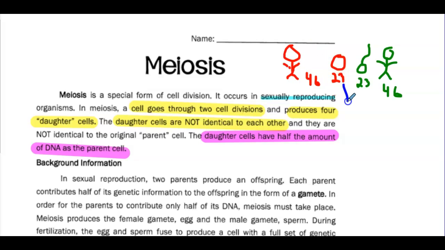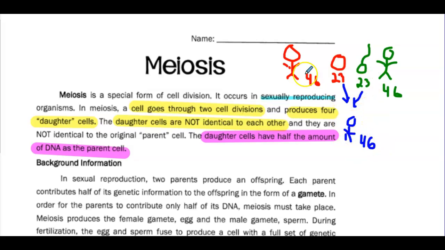And when we put them together, that's called fertilization, when an egg and a sperm come together. This new baby human that we make has half of mom's chromosomes and half of dad's, so 23 plus 23. This baby will then have 46 chromosomes, half from mom and half from dad.